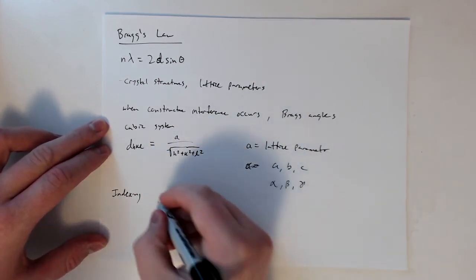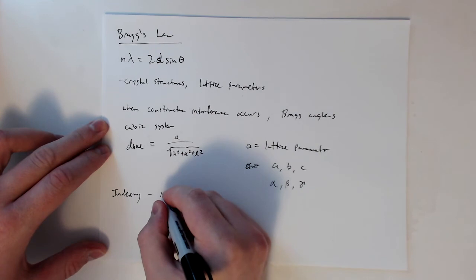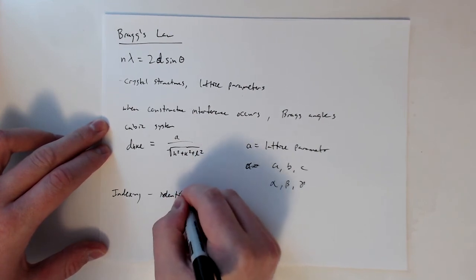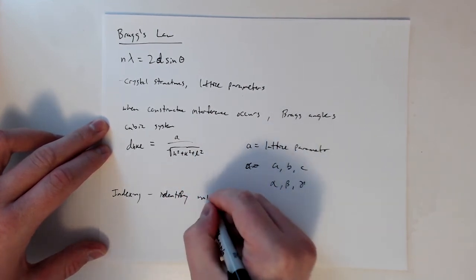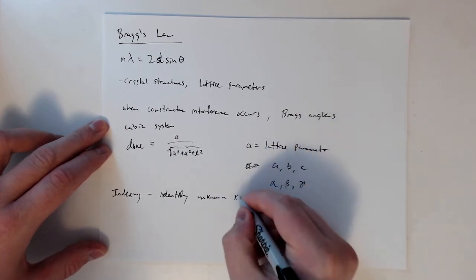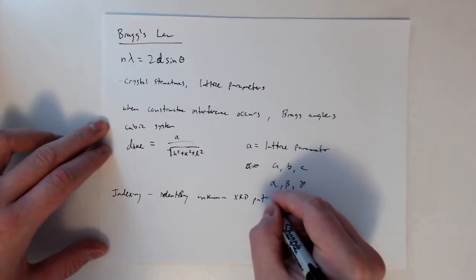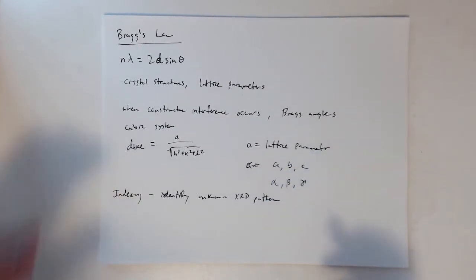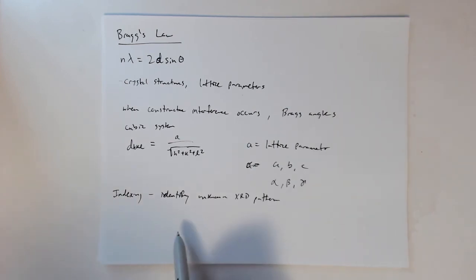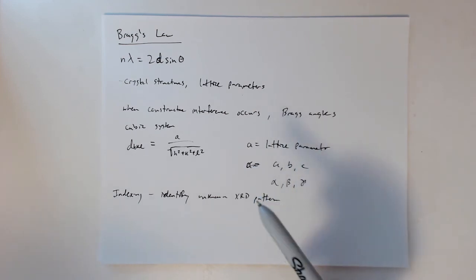This is where we identify an unknown XRD pattern. We run this Bragg experiment and we get an unknown pattern, and indexing is the process by which we go through that data and determine the crystal structure and the lattice parameters.